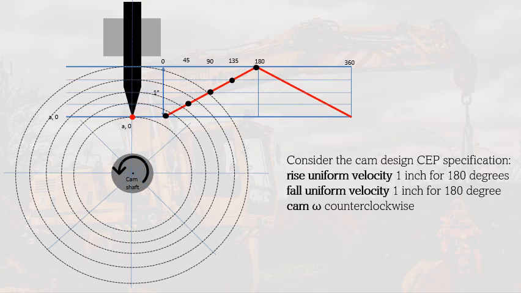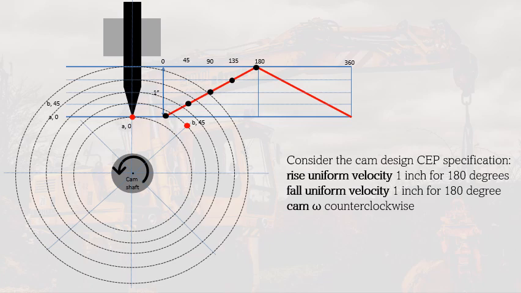So if the direction is counterclockwise, we will draw the trace points first clockwise, or the opposite side. For 45 degrees, it should touch the 45 degrees line here and also the circle for 45 degrees, and this is this point. That point represents point B during the 45 degrees rotation. It means that at that point, the follower will already rise in that position.